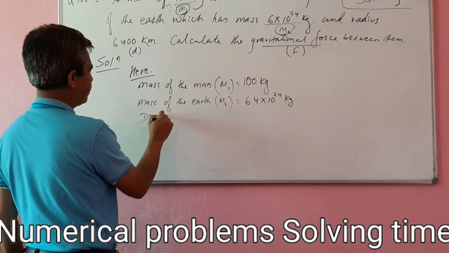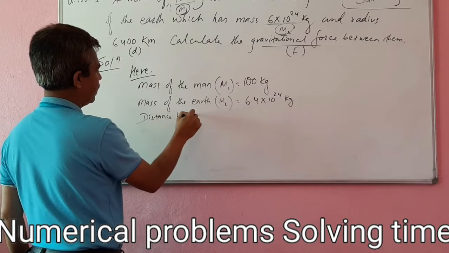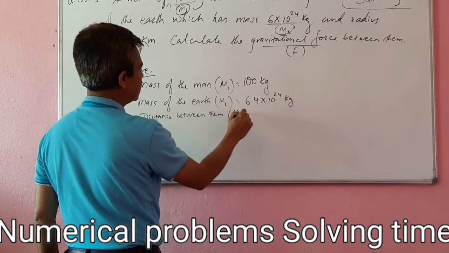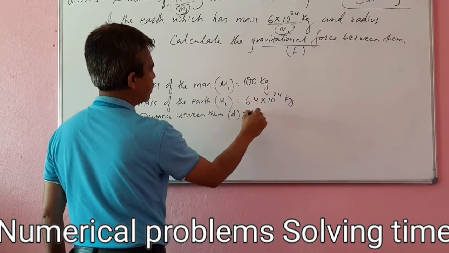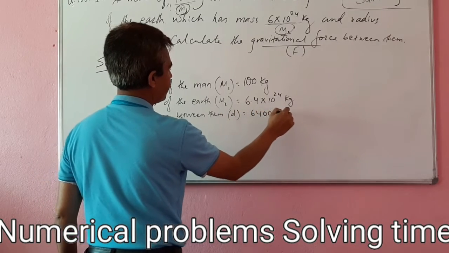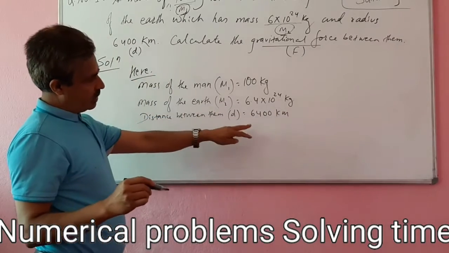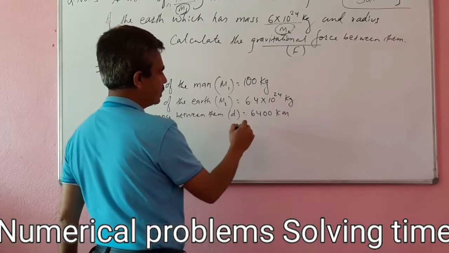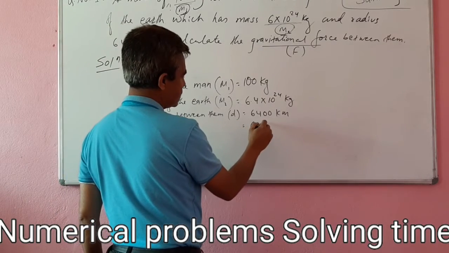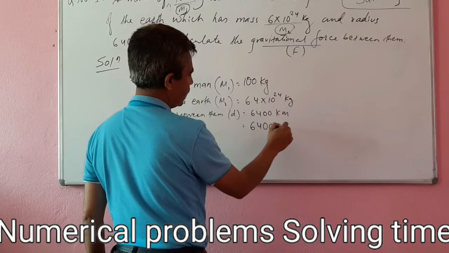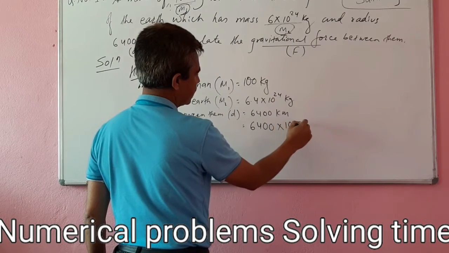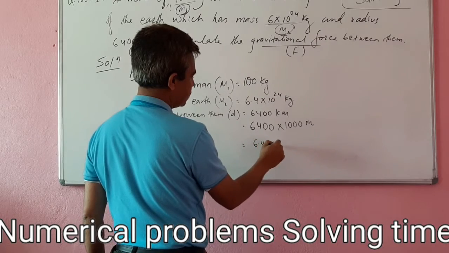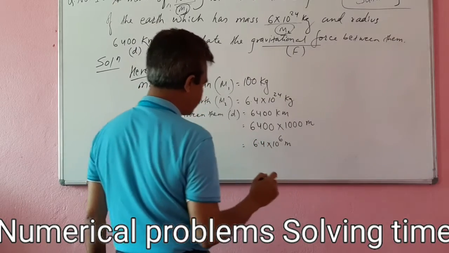Distance between them, or radius of the earth, D equals 6400 km. Students, the SI unit of distance is meter, but it's given in kilometer. Simply what to do? 6400 multiplied by 1000 meter. It comes 6.4 times 10 to the power 6 meter.